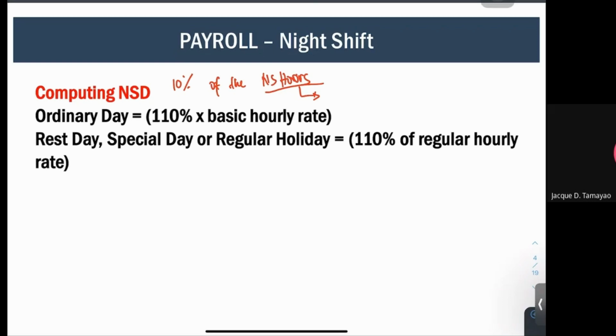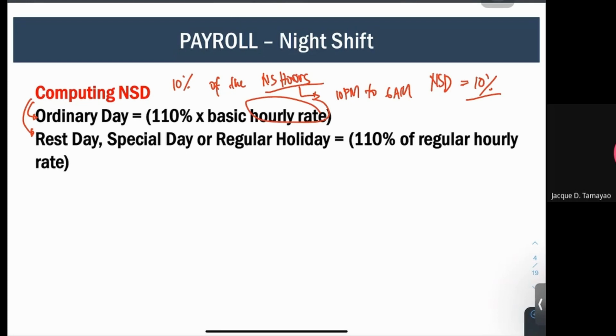Our night shift hours under the law is from 10 p.m. to 6 a.m. So whether it is an ordinary day or a special day, whatever, our night shift differential is always equal to 10% of the basic hourly rate.